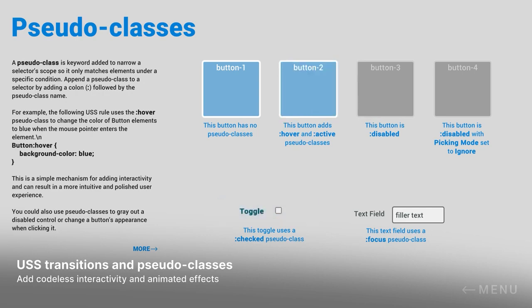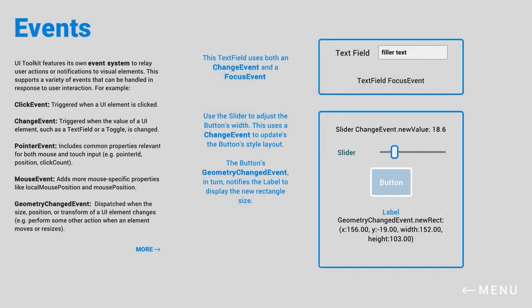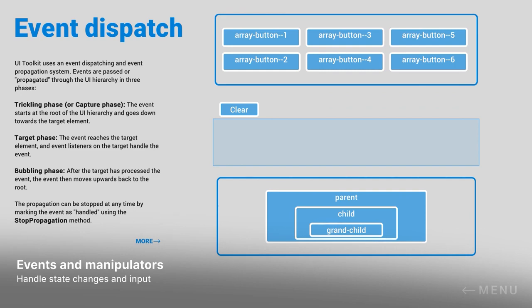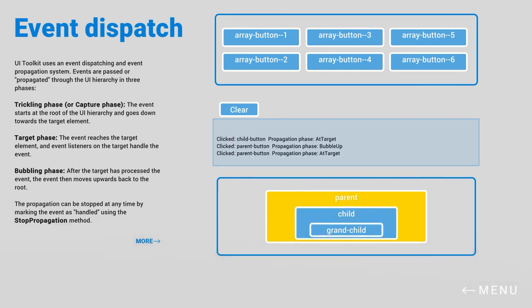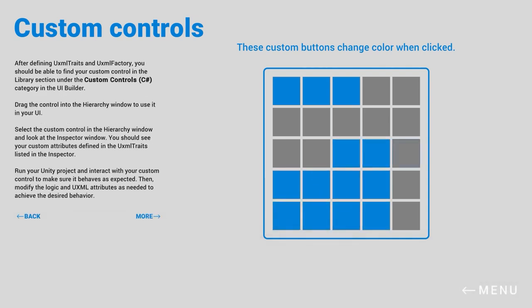If you're migrating from UGUI or other UI systems, these demos can help demystify some of the more nuanced parts of UI Toolkit. For example, we show how to use UI Toolkit specific events and manipulators, and how to build custom controls. Here you can create unique reusable UI elements.